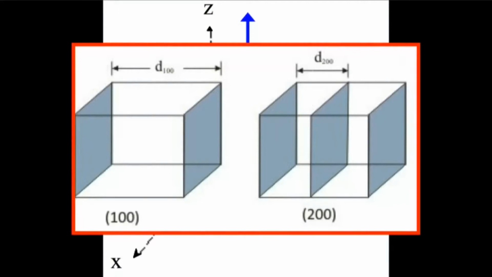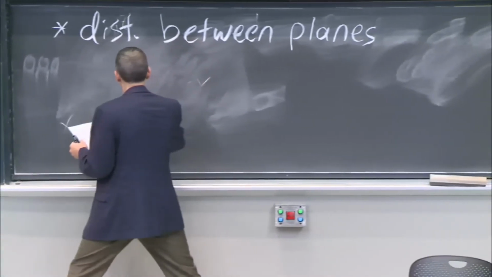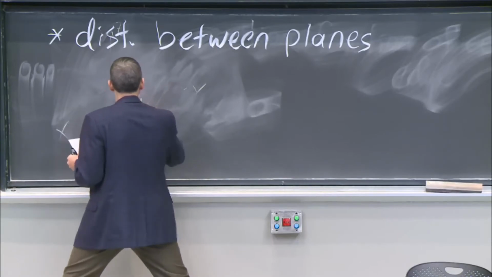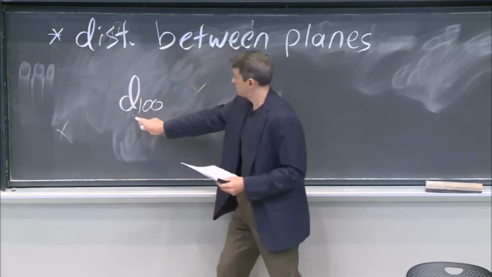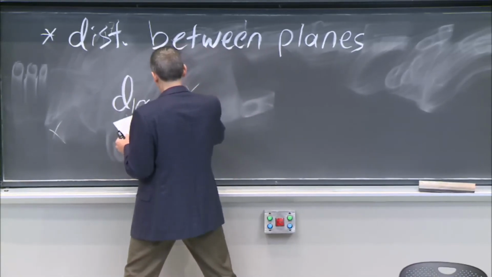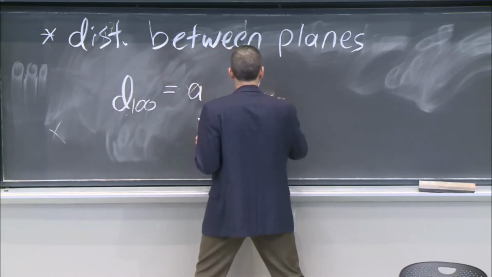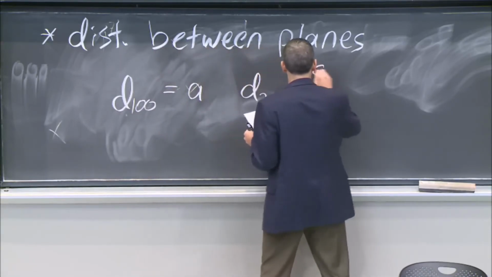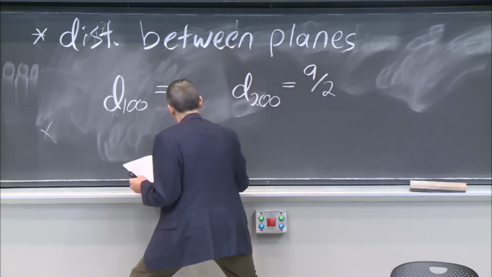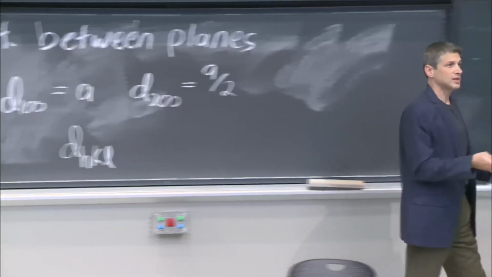And in fact, for a cubic cell, there's a formula that you can use for any two planes. The distance between the 100 planes is equal to A, and the distance between 200 planes is equal to A over 2. But there's a general formula for any HKL, the Miller indices.